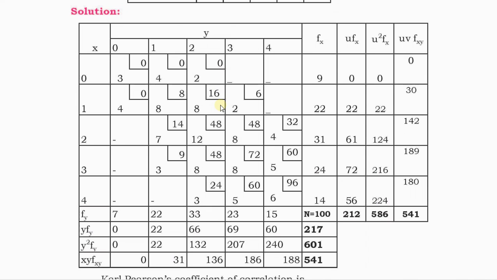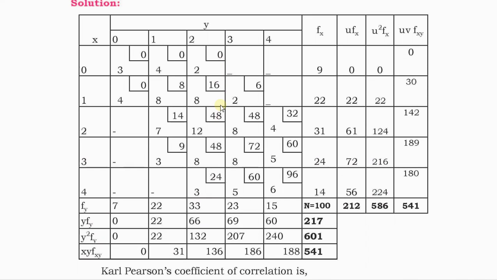So here let us decipher this table slowly and simply. For example, here x values have been given and here y values are given. This part contains all the information related to x and the frequency, and these rows below contain all the information pertaining to the variable y and the frequencies.